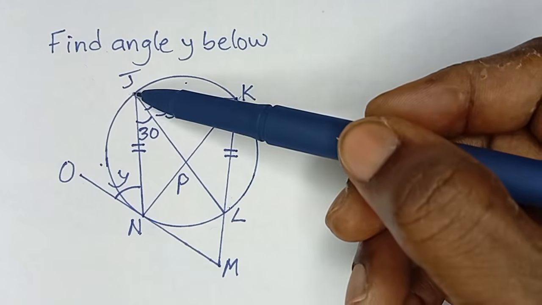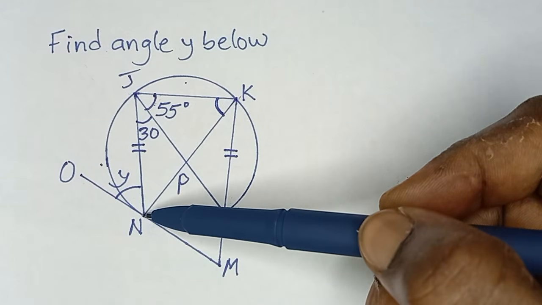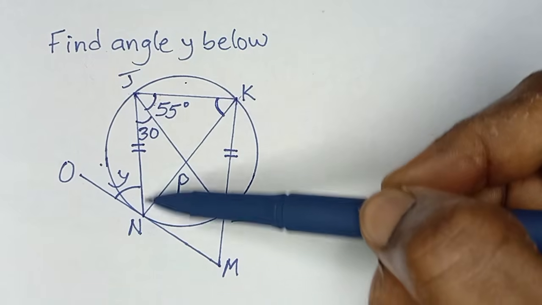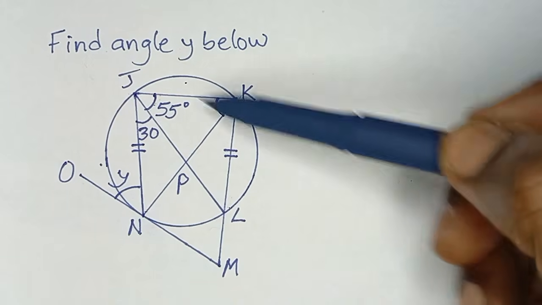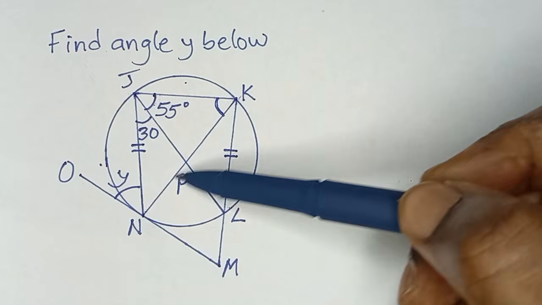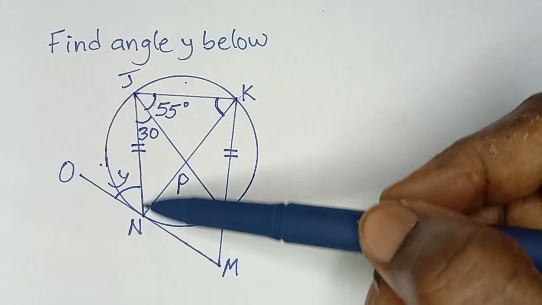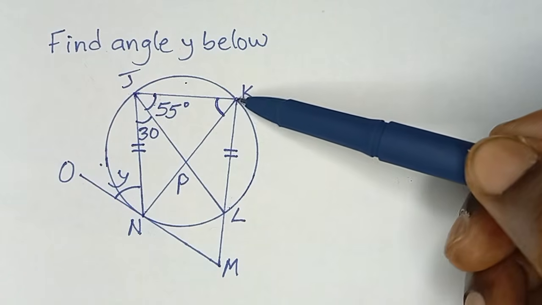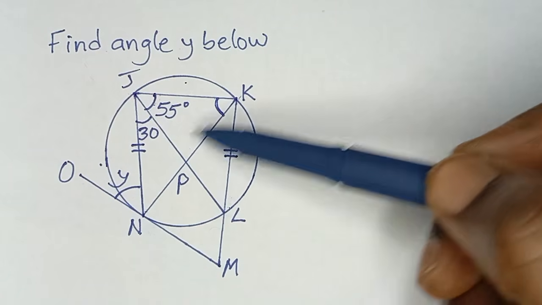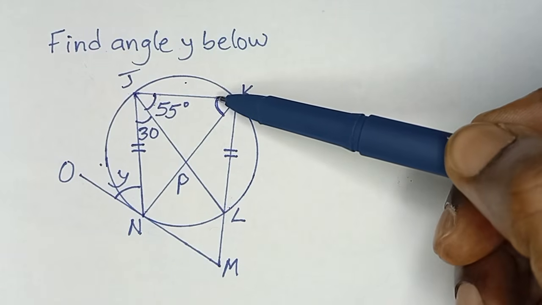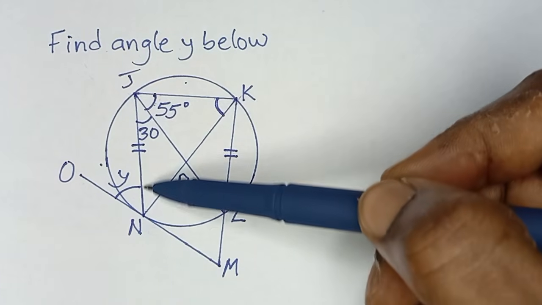Don't forget, this line JN now, the angle that is opposite to the line is this angle. So this JN makes this angle in the triangle that it forms. This is the triangle formed by the JN, triangle JKN. So you just watch out for the angle that is opposite that line. So this angle is opposite the line JN.